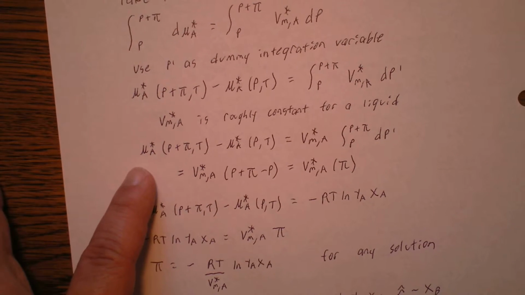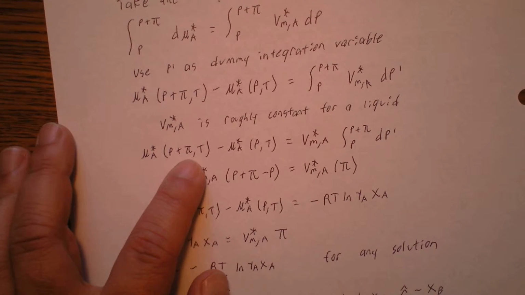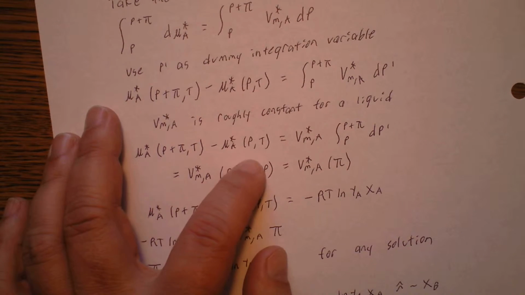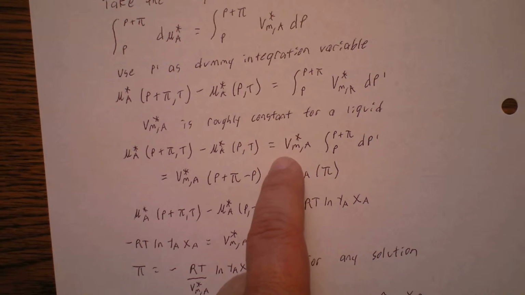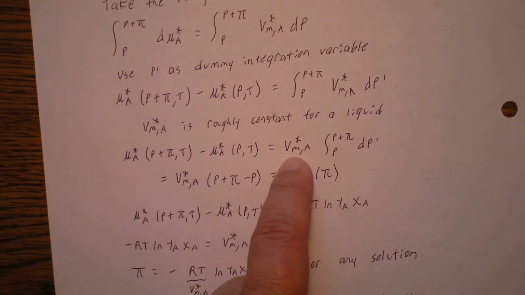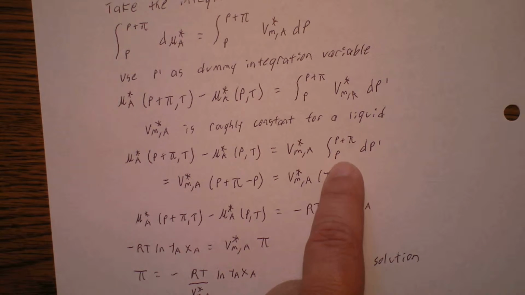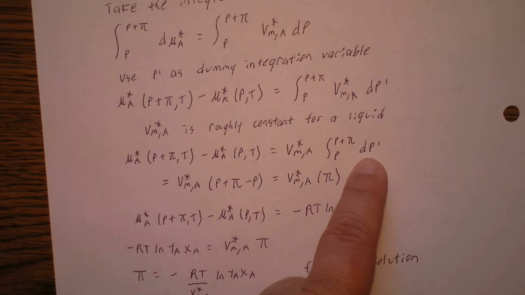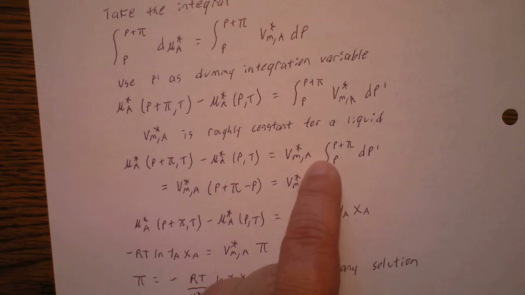So the chemical potential of substance A in the pure state of the pressure plus the osmotic pressure and temperature minus the chemical potential of A in the pure state of the original pressure and temperature is equal to, see, we pulled out the molar volume of the pure substance A in the pure state times the integral from the original pressure to pressure plus the osmotic pressure of dP prime.